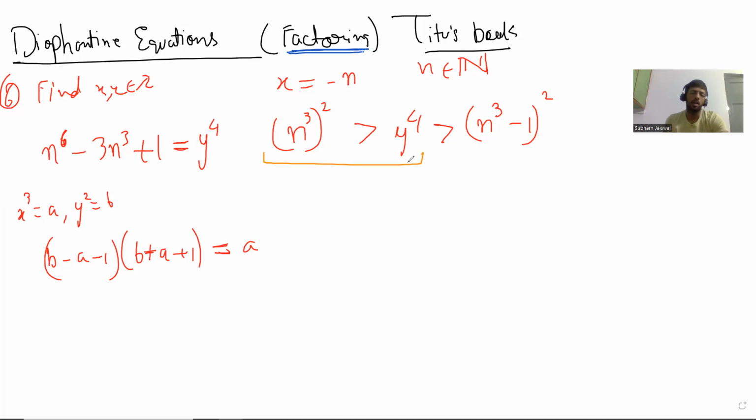So this one may not be correct, right? Yeah, I think it is strictly less than. Yeah, it is correct. So it's again not possible. Then n equal to 0 is the only solution.